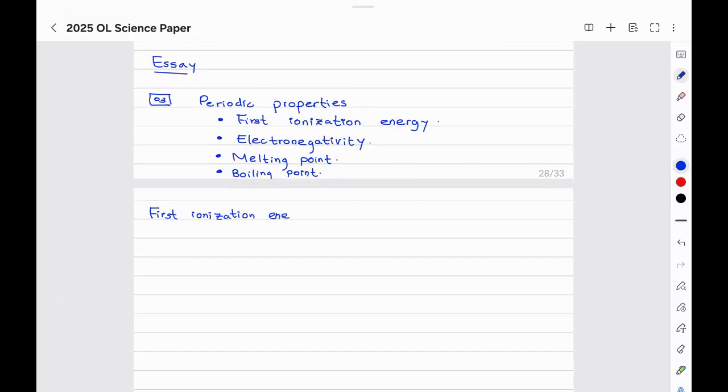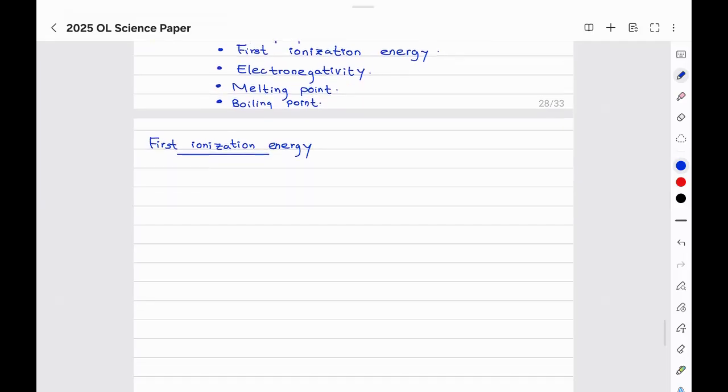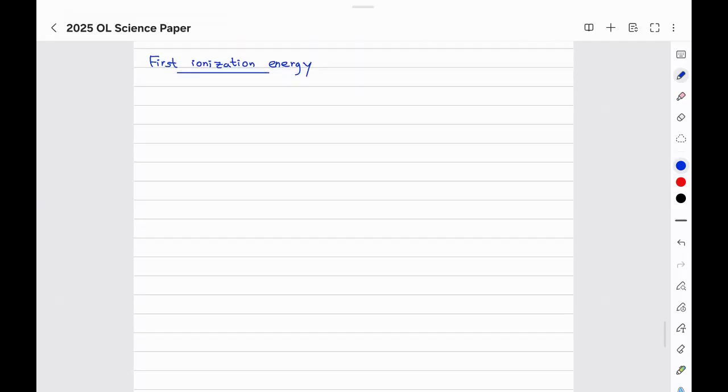When we discuss the first ionization energy, there is a graph you have to remember with a zigzag variation. Always remember, in the first ionization energy graph, helium is at the top.